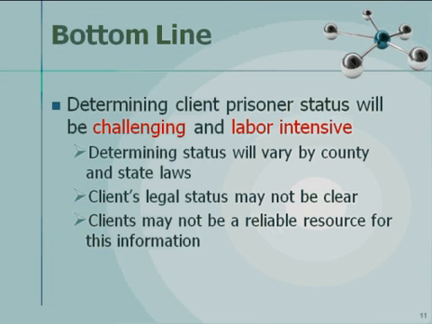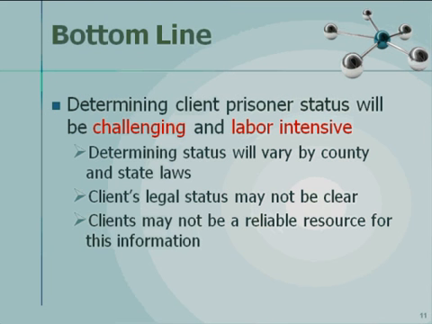Now, in that circumstance, they still had to put in a local SOP to figure out if somebody was on house arrest or met some of the other definitions of a prisoner, and how they would determine that at each research visit and not work with people in a prisoner status, because they didn't have the certification. The other thing is the client's legal status may not be clear.